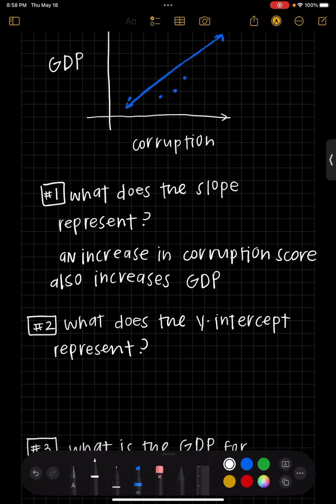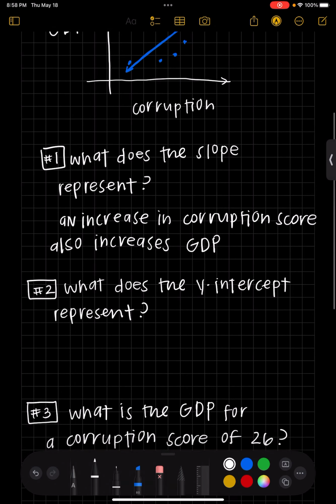Or we could have said it vice versa. We could have said the increase of GDP also increases the corruption score. It doesn't necessarily matter how you put it, because while they're correlated, one is not caused by the other, so we don't have to put one first necessarily. But we just need to know that as one increases, the other also increases.